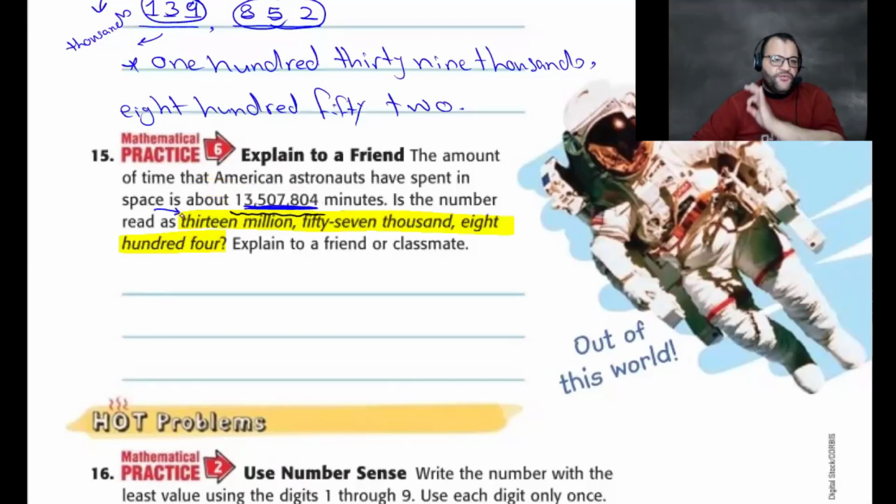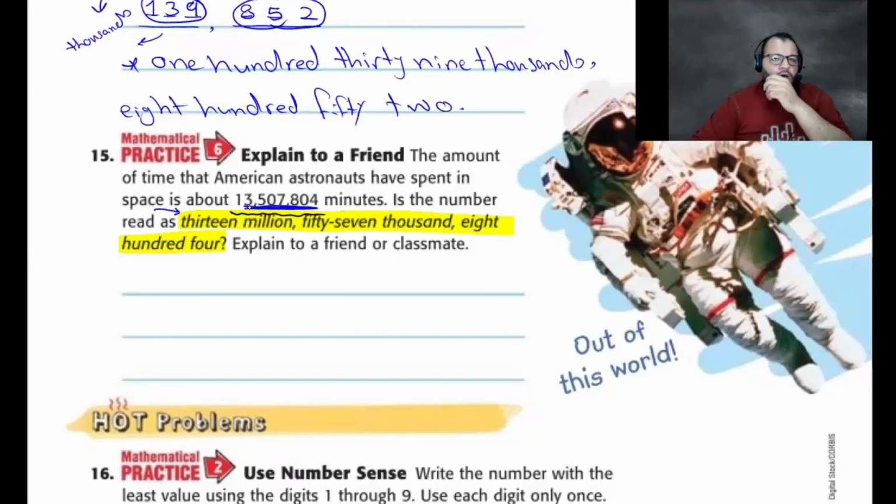We said that we have three forms to write the number, is that right? Standard form, word form, and expanded form. This form is which form of them? Standard form. This form is called standard form.